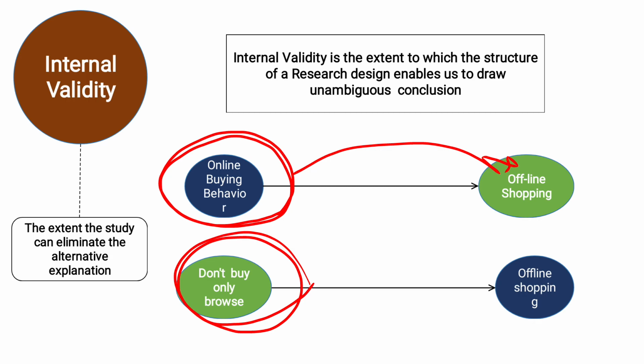But in social science research, internal validity cannot be achieved 100%, because in management research, internal validity can be affected by so many confounding variables or external variables which cannot be controlled, because the concepts or variables we are dealing with in management research are highly dynamic in nature.